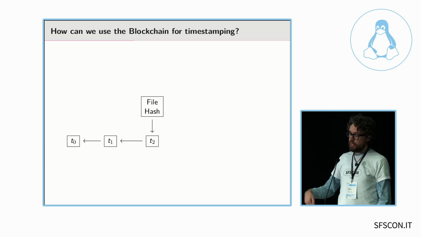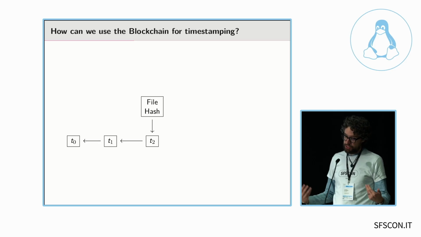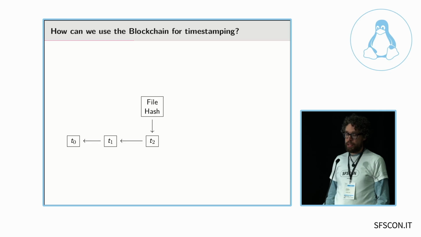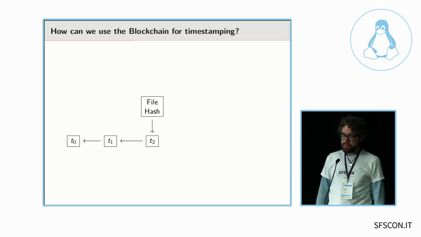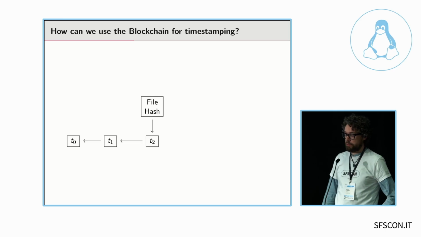So it means that if you create a file hash and you put it on a block, you can demonstrate that this file hash exists at that specific time, because the block contains a timestamp.